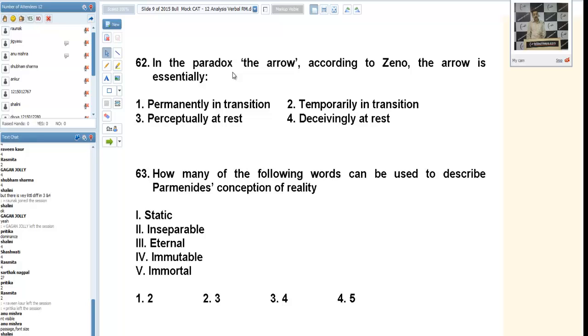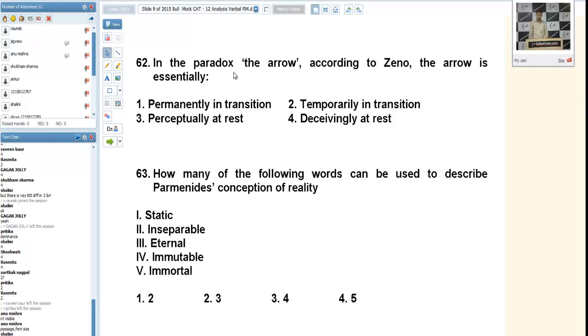So deceivingly at rest means the tricky part is that it is at rest, and he proved that. Option 2 is rejected straight away because of the word transition, and perceptually means you perceive it to be at rest, but we do not perceive anything. He proved the arrow to be at rest. It is not 2, Shalini. It is the 4th. The answer to this question is 4.